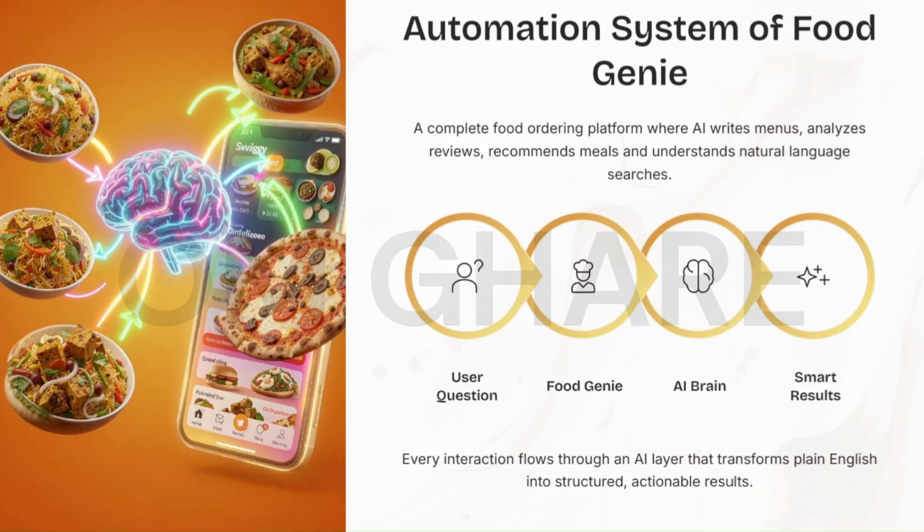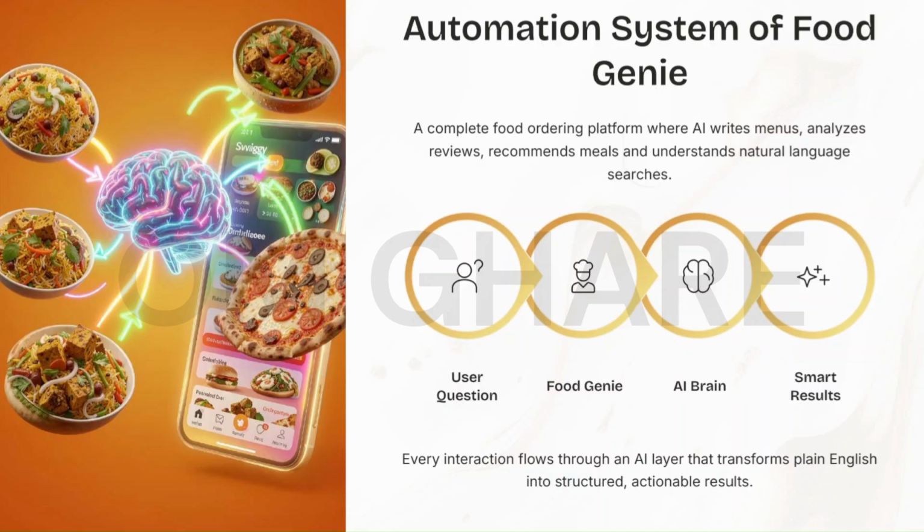The application then sends the request to the AI engine, which is powered by the Groq large language model, or LLM. The AI understands the user's intent, processes the request, and generates structured information instead of plain text whenever necessary. Finally, the backend uses this structured information to query the MongoDB database and generates meaningful responses.